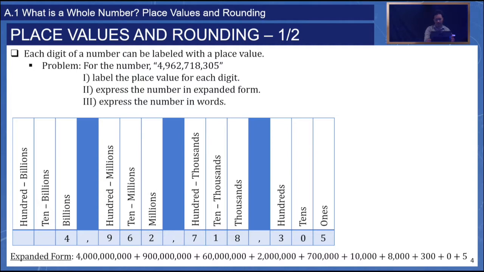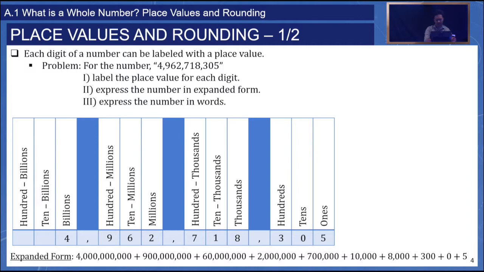that are separated by the commas. So what I mean by that is, you have 4 on the far left, right? And then there's no numbers to the left of 4, so it's just 4 billion. Then you look to the next 3 numbers, that's 962. Those are in the millions, so you say 4,962,000,000.